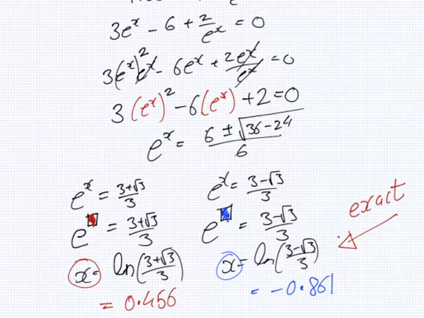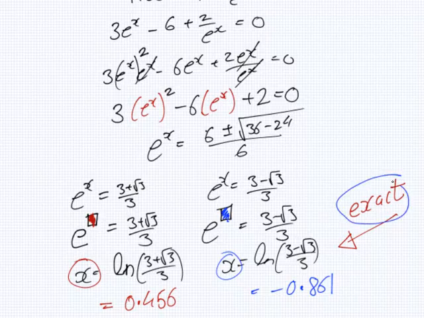Okay, it's a very common mistake in the exam for students to think that the word exact means this. 90% of students will read the word exact and think they must give the answer like this.